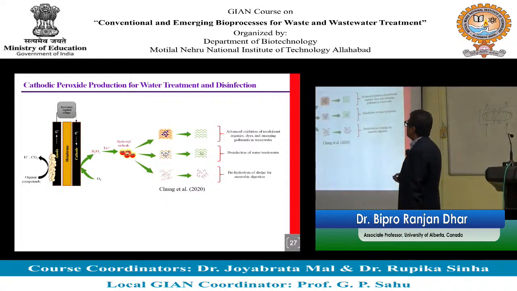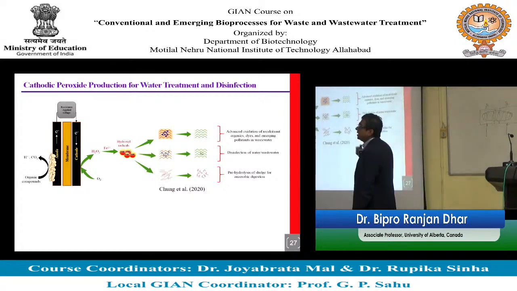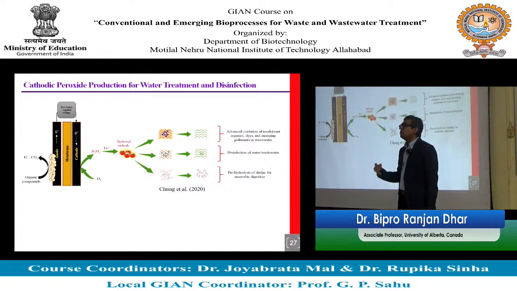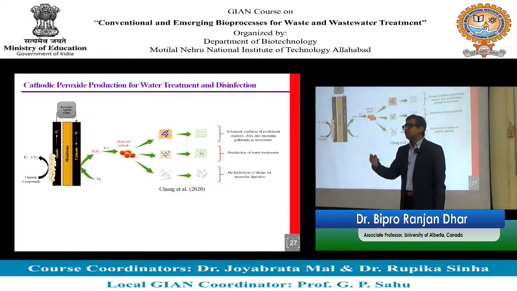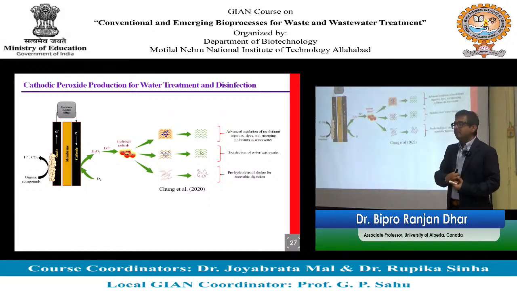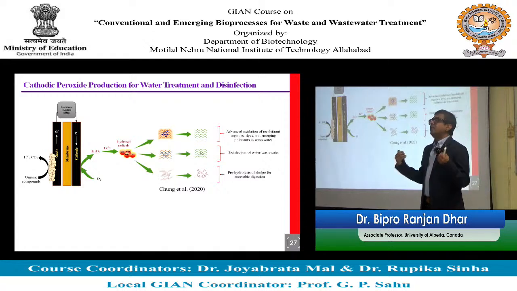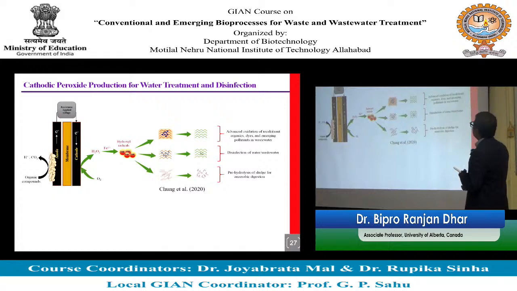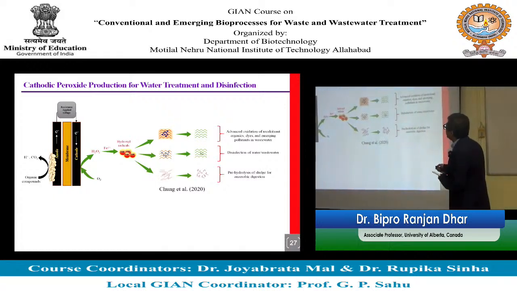So for example, peroxide is a strong oxidant, and if we add iron salt, we call it Fenton reagent. Anyone familiar with Fenton reagent? Peroxide is a strong oxidant, but if you add iron, the Fenton reagent is an even better oxidant that can generate hydroxyl radical.